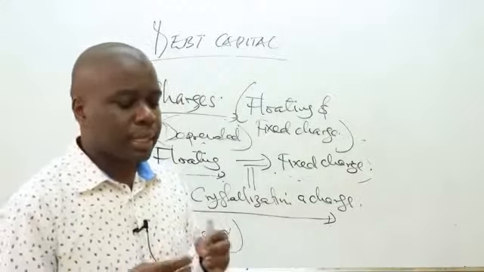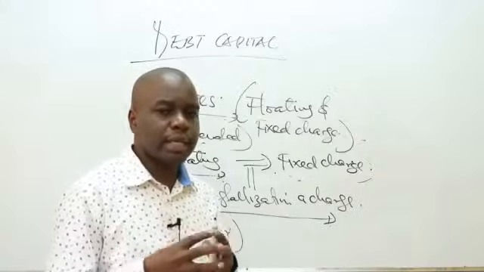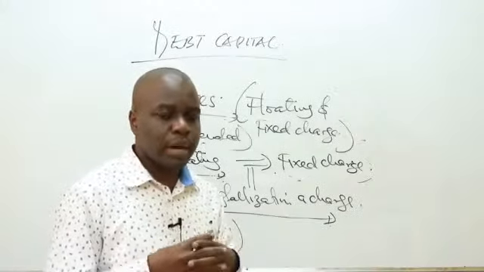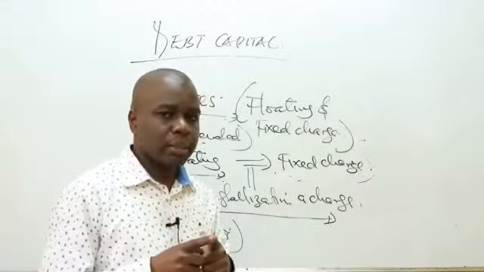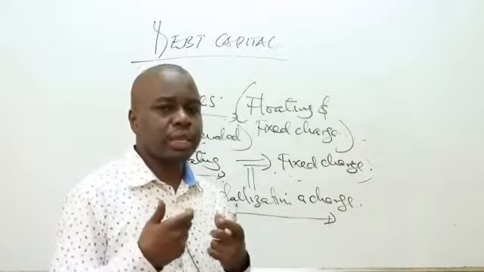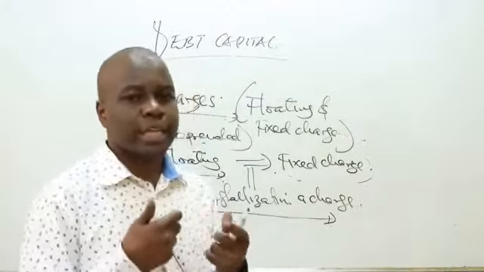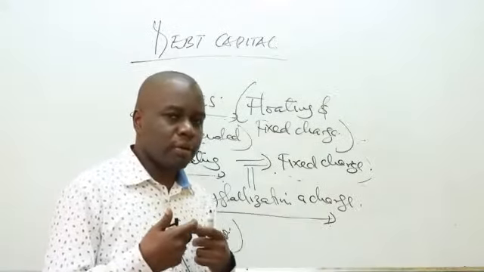Just like what has happened to Mumias Sugar. If you see, the receiver at Mumias Sugar was appointed by Kenya Commercial Bank. So it means that Kenya Commercial Bank was a lender to Mumias Sugar. Mumias Sugar failed to meet its obligations in terms of payment of loans to Kenya Commercial Bank. So what were the steps that Kenya Commercial Bank would have taken?